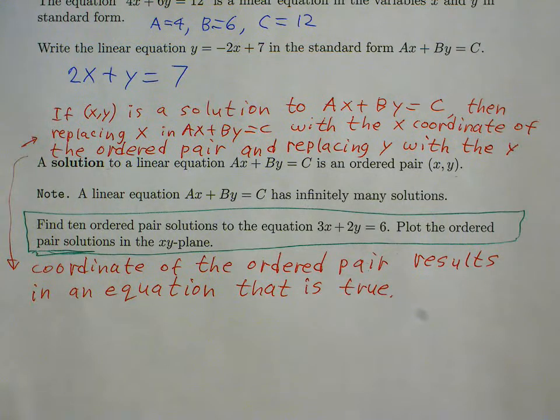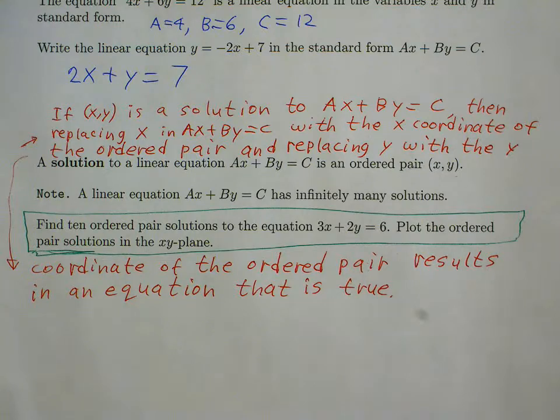And then as soon as we pick x, that will determine one and only one value for y. We replace x with that number and then solve the resulting equation for y. And then the ordered pair that we get is called a solution to that linear equation.